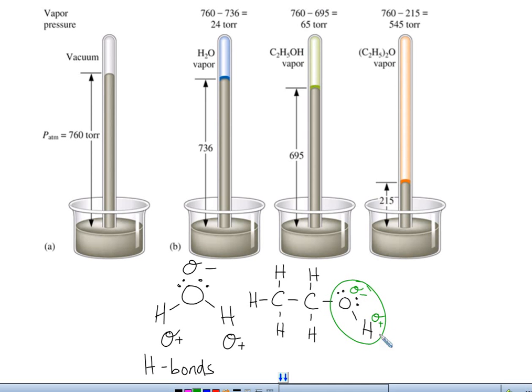This end of the ethanol molecule would show hydrogen bonding. So hydrogen bonding is still very important as an intermolecular force between alcohol molecules, or in this case it's ethanol. However, the carbon end of the molecule is pretty non-polar. Those carbons are surrounded by hydrogens and everything's pretty evenly distributed around the carbon end of the molecule.